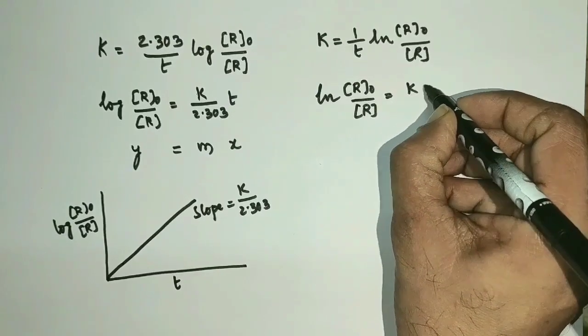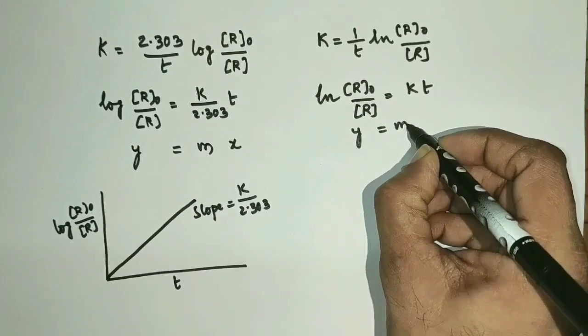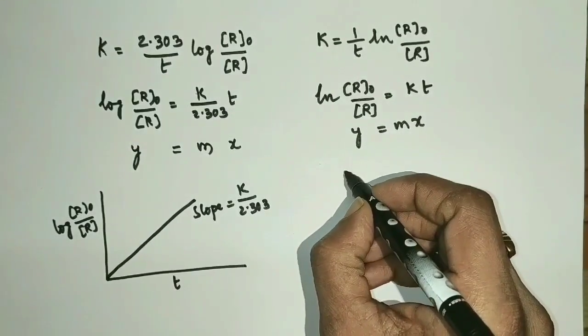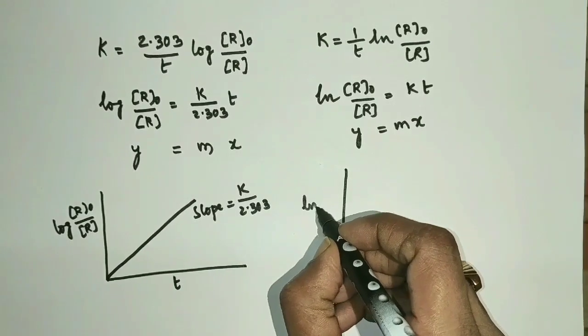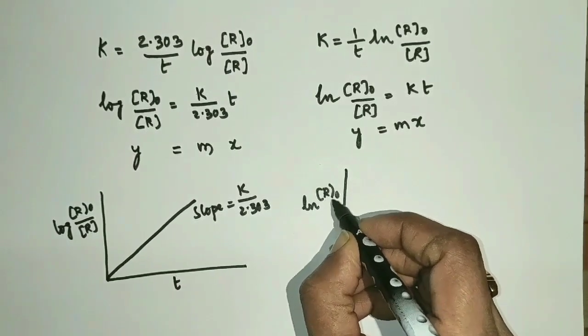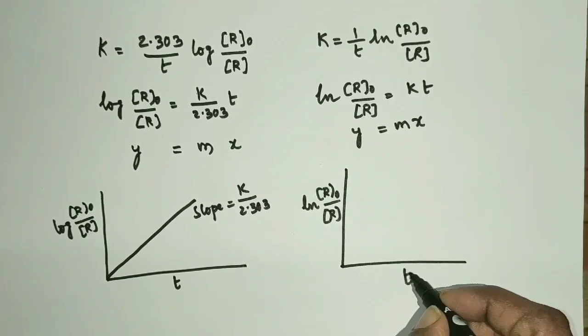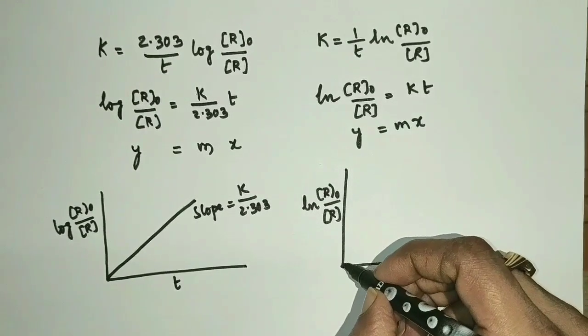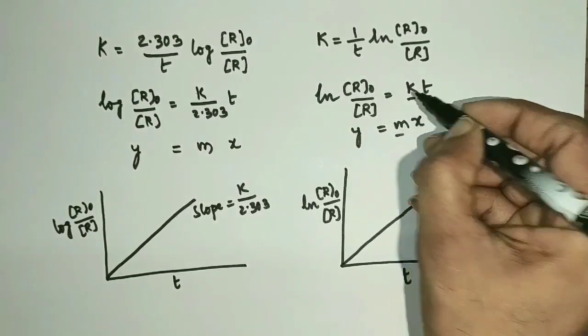This is also in the form of y equal to mx. So the y variable is ln R naught by R, and the x variable is t. It is also a straight line passing through the origin with slope equal to k.